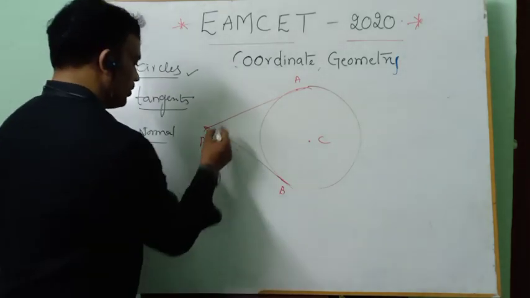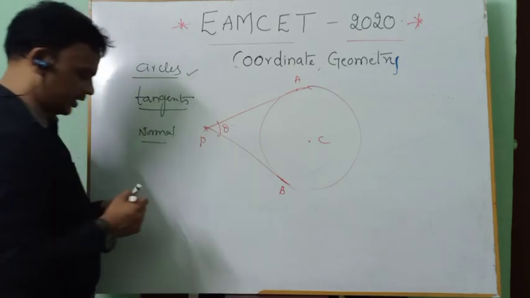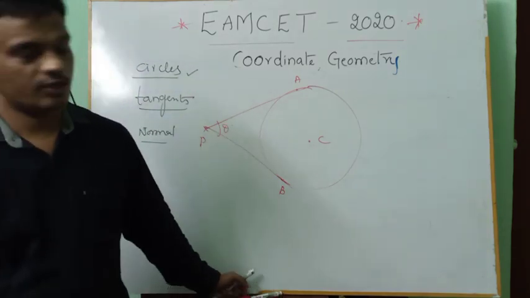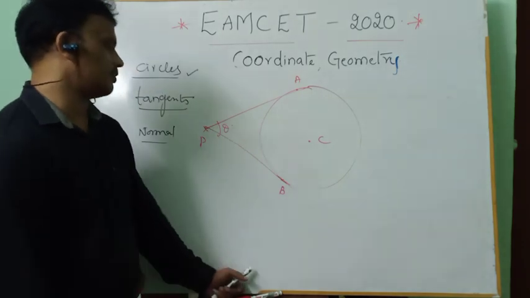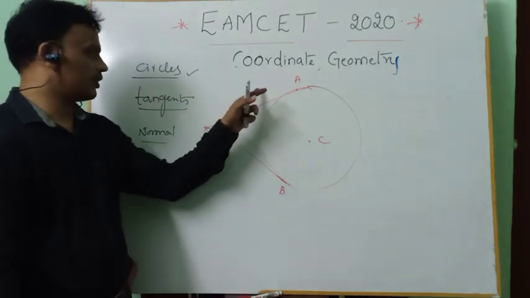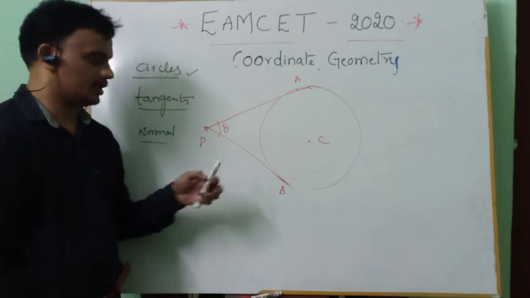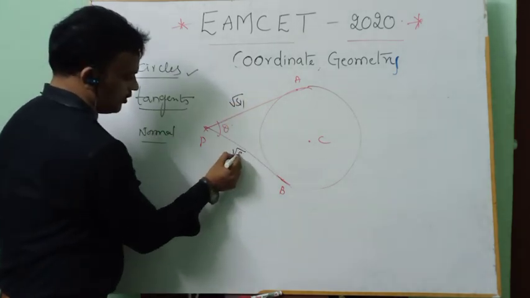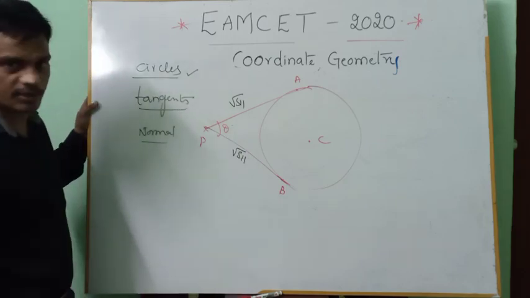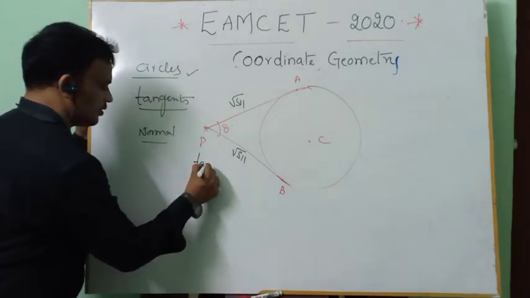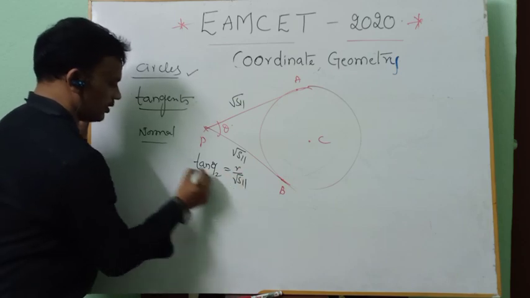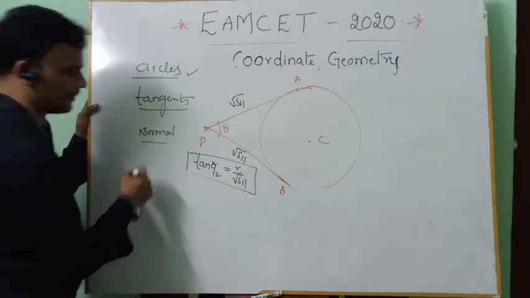Now the angle between them is theta. What is the relation? If P is an exterior point, there are two tangents to a circle. Of course, the length of each tangent is root S11. In that case, tan theta by 2 equals R by root S11.